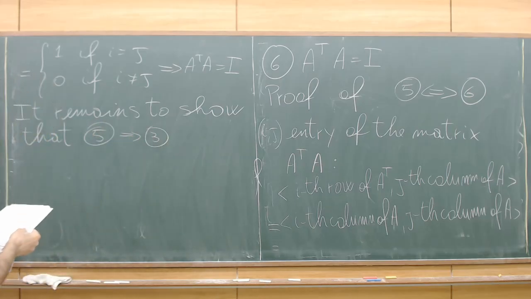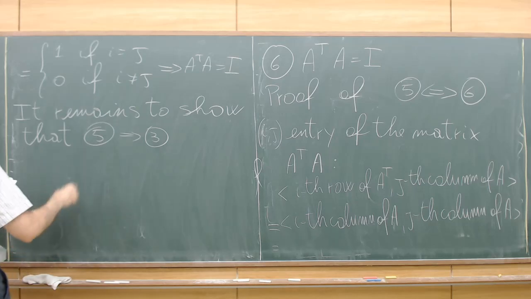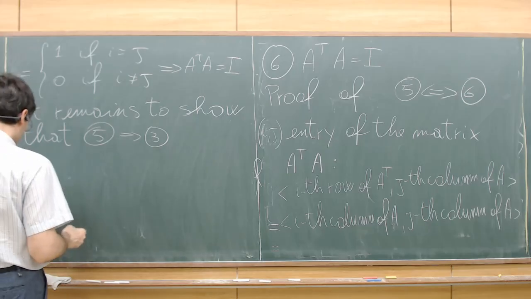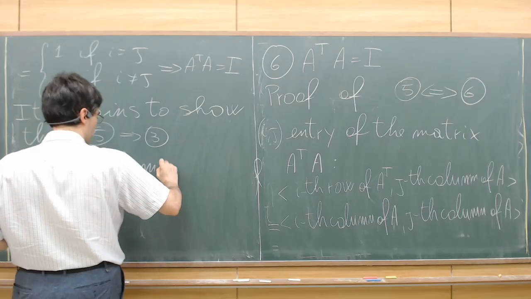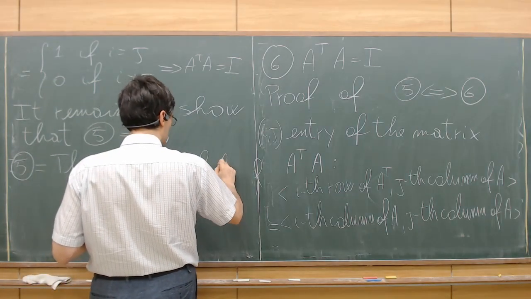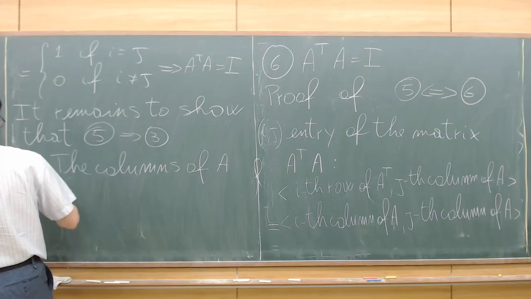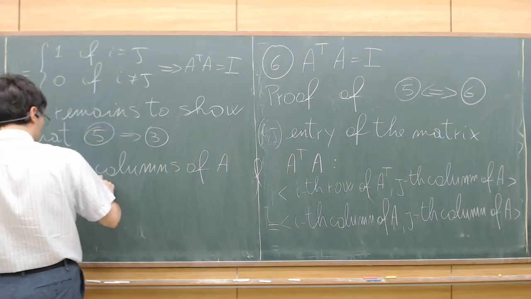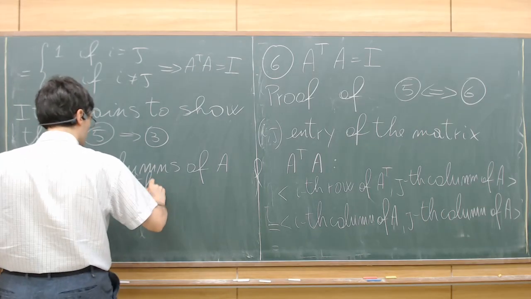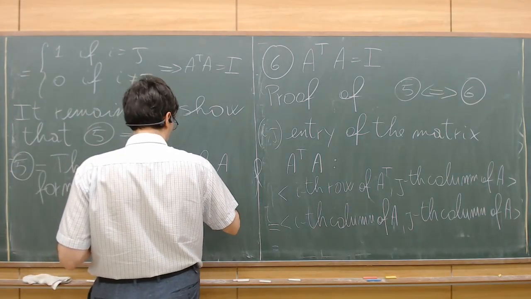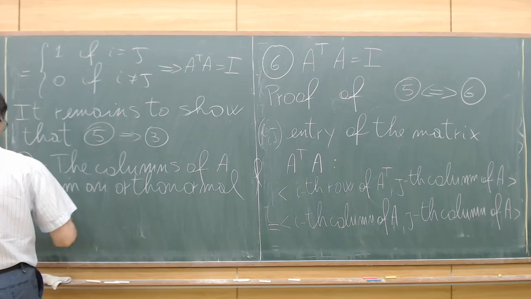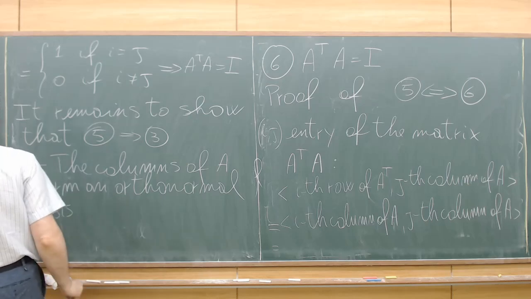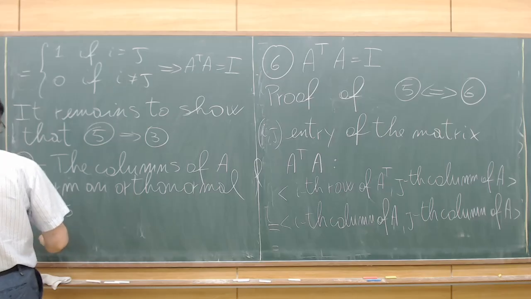So essentially 5 is: the columns of A form an orthonormal basis, and 3 is: LA preserves the inner product.